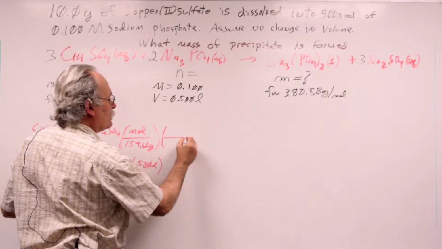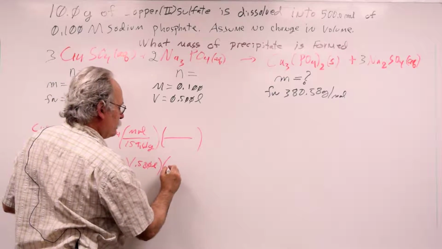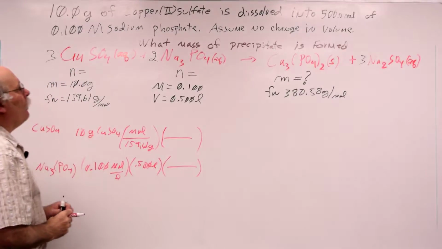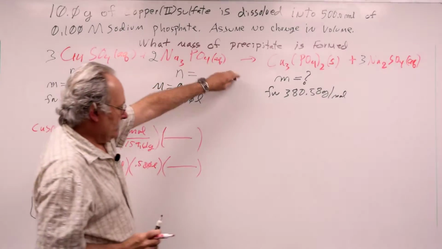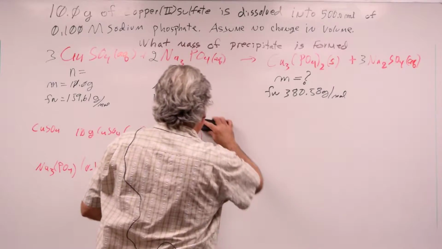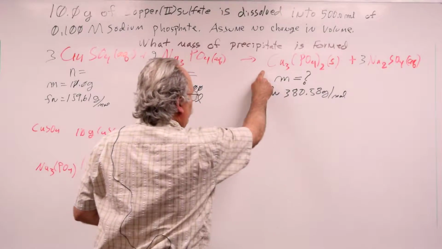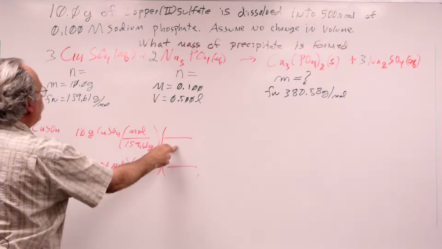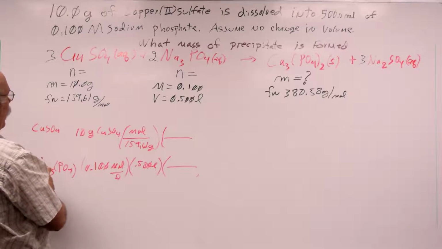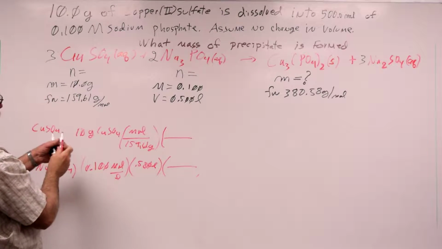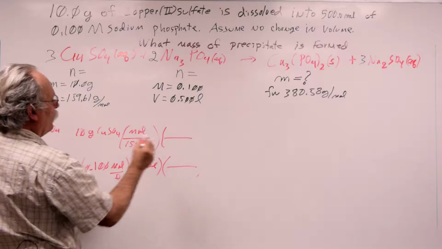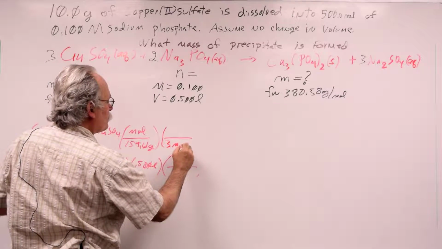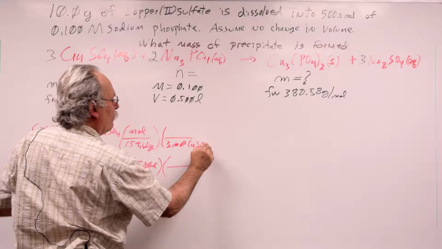And when I do this, what I recognize is that what is in the numerator in both cases is the same thing. It's 1 mole of copper 2 sulfate. But what's in the denominator changes. So for the copper 2 sulfate, I have 3 moles of CuSO4.